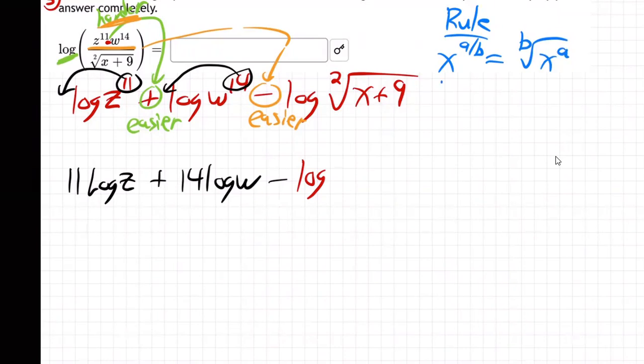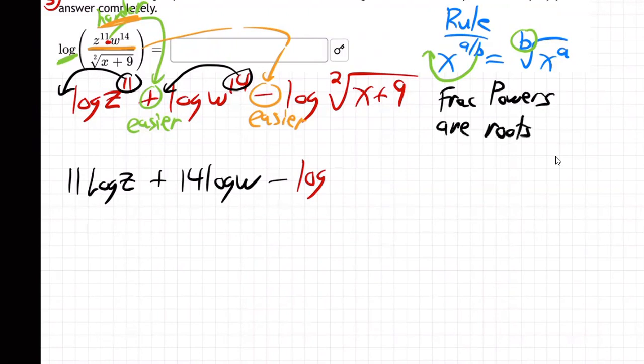In fact, let me show the motion. Here, let me erase this. And let me show the motion here. That might help. See how this b can swing around and go into the hook right there? So the rule is this. Fraction powers are roots. They're one and the same.